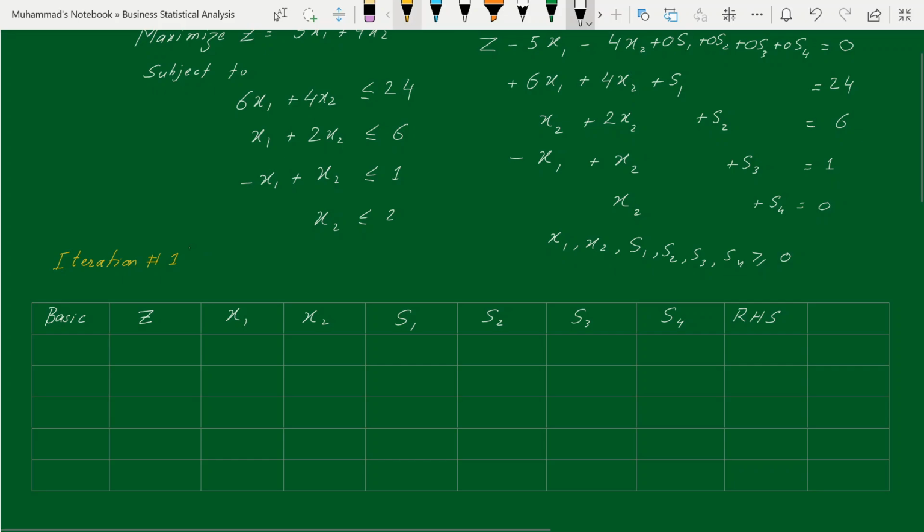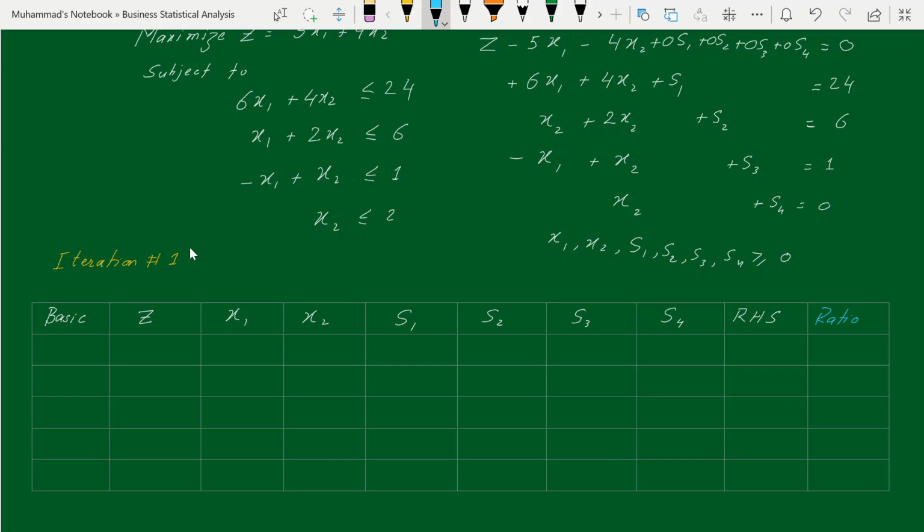And then we need a ratio. I will explain what it is and why we use it once we fill in this data. Before we start iteration number one, let me introduce the basic and non-basic variables. Non-basic variables are those variables which we consider equal to 0.